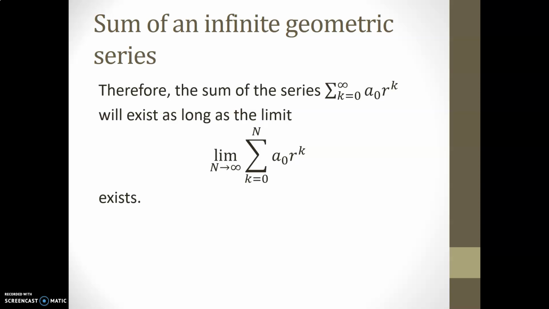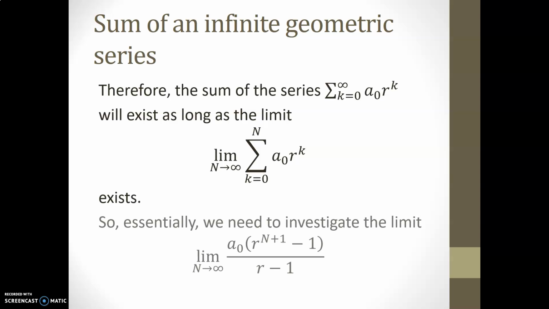So basically, if we can take the limit of the sum from k equals 0 to n, a0 r to the k, and that limit exists, then the infinite series sum exists as well. In other words, we need to investigate the limit of the formula we already know is the total value of the nth partial sum for a geometric series.